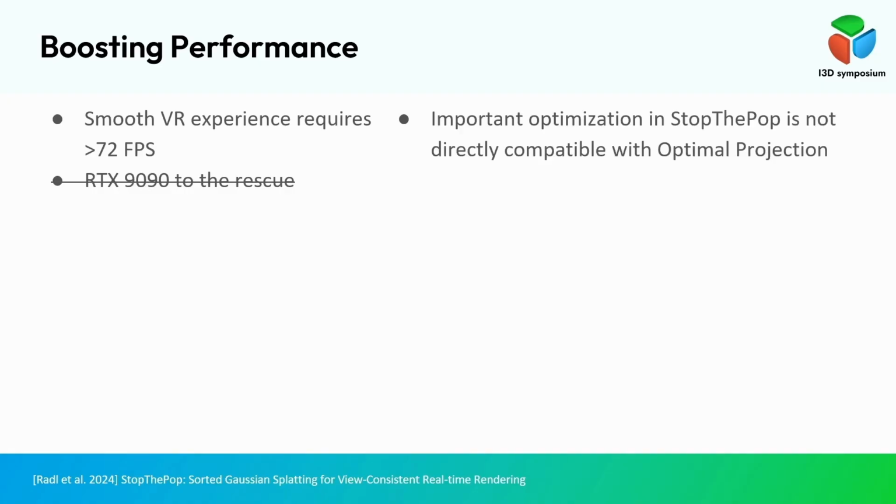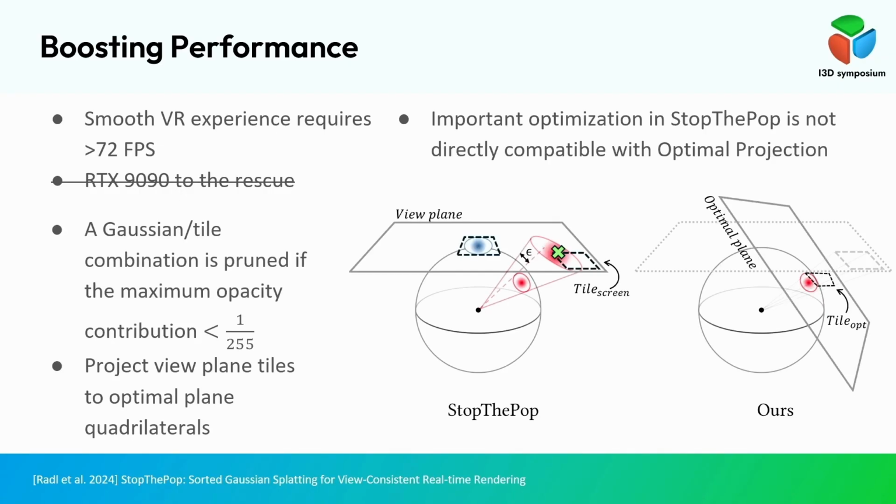The first one is that an important optimization in StopThePop is not directly compatible with optimal projection. In StopThePop, a Gaussian-tile combination is pruned if the maximum opacity contribution of the Gaussian inside this tile is less than a threshold. That means the Gaussian is almost invisible inside this tile. With optimal projection, we project the Gaussian to its optimal plane instead of the common view plane, and our tile is in the view space.